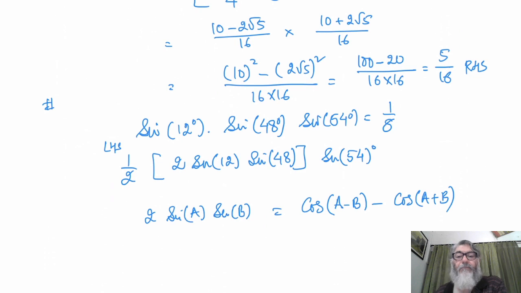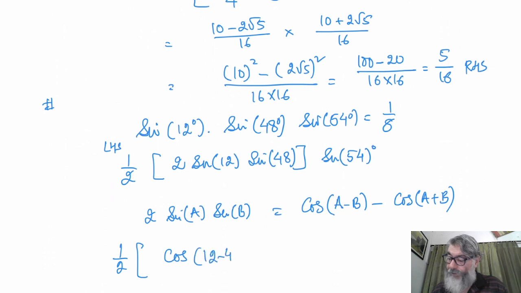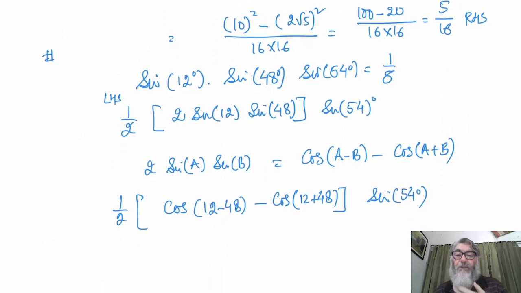But here, minus comes first and plus second. 2 sine A sine B is cos A minus B minus cos A plus B. So it will become what? 1 upon 2, cos 12 minus 48 minus cos 12 plus 48. Though it will not make any difference in cos, we have always told you that cos minus theta is cos theta only.